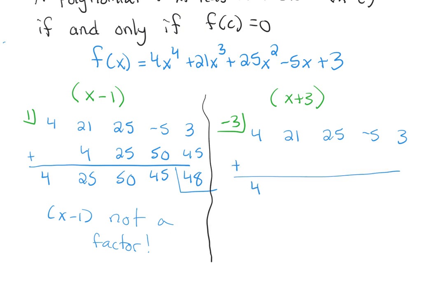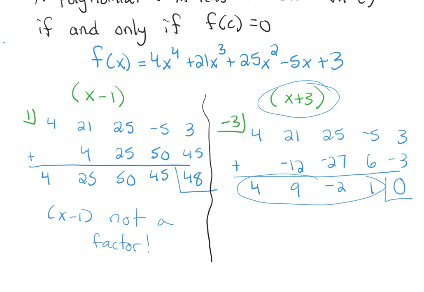Okay, so bring down the 4, multiply, and add. For this one, we get a remainder of 0. Therefore, x plus 3 is a factor of that original polynomial. And its answer is here.